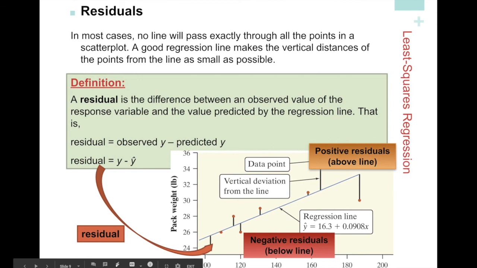Does our model overpredict or underpredict the backpack weight for this person who weighs 120 pounds? The model is higher than this person's actual backpack weight. So in this case, our LSRL model overestimated, or overpredicted, the backpack weight of the person who weighs 120 pounds.